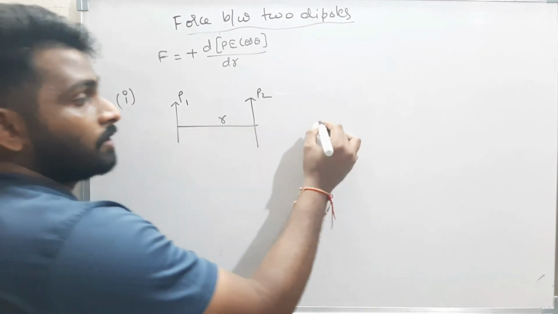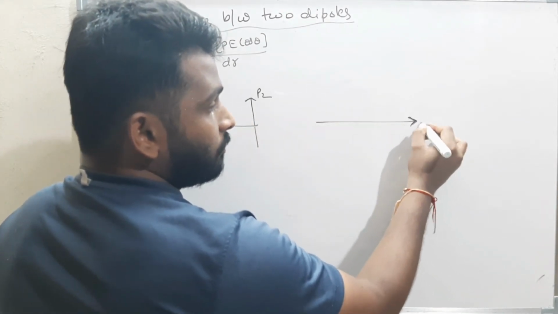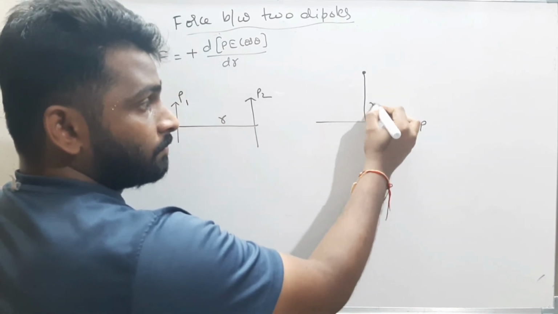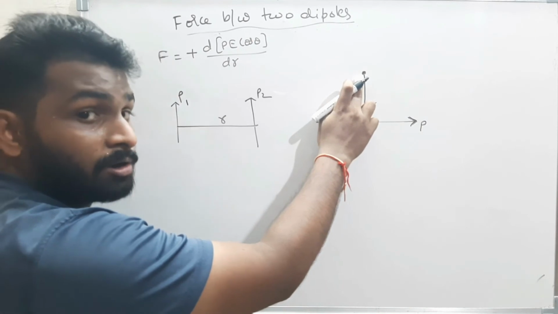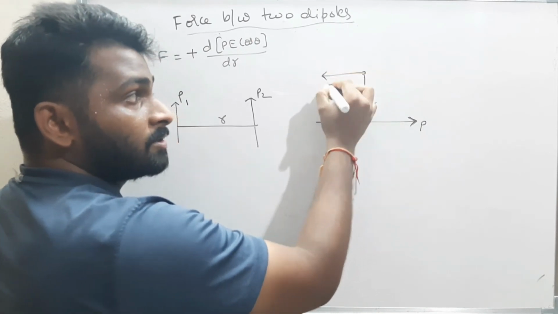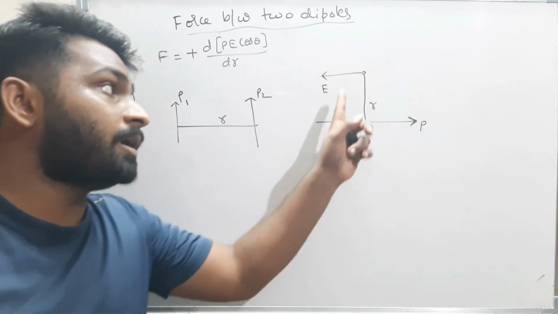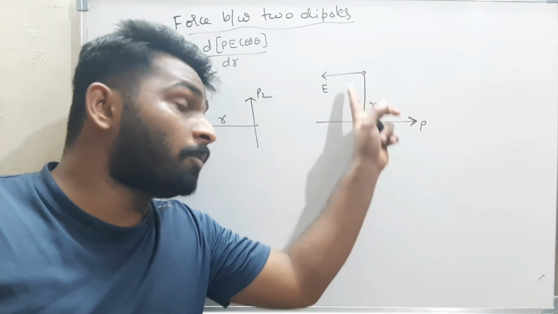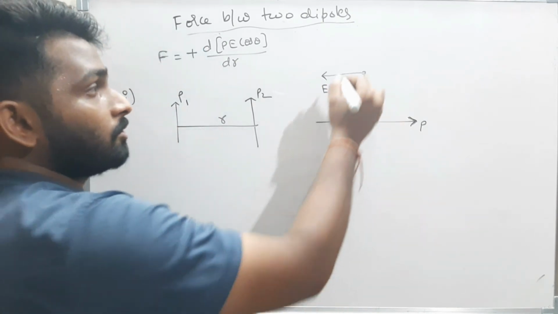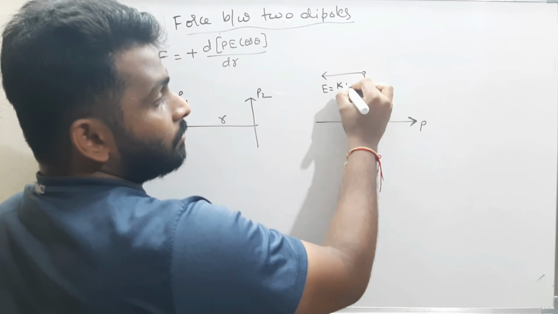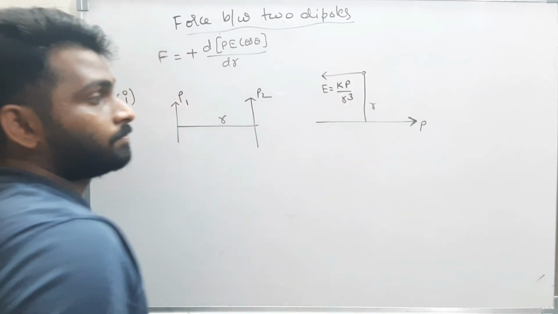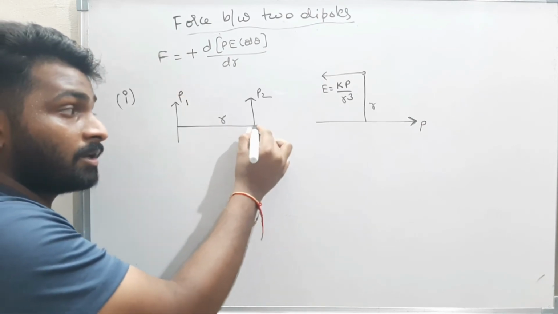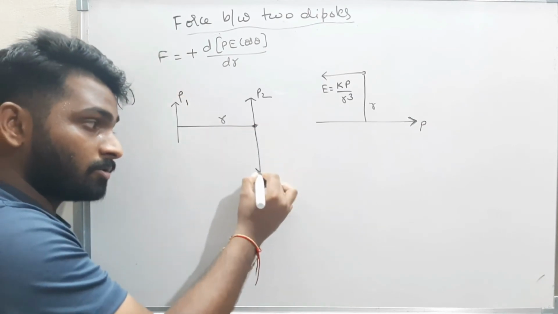If this is a dipole P, the direction of the dipole is in this direction, and if I assume a point equatorially, the electric field direction equatorially is opposite to the dipole moment direction. Do you remember that? The magnitude is kP by r cube. Therefore, because of P1, the electric field direction at this equatorial point will be downwards.